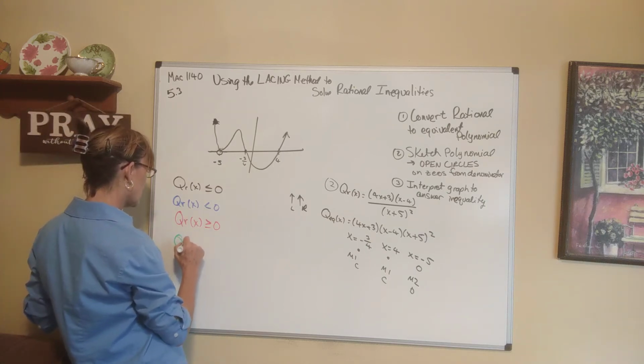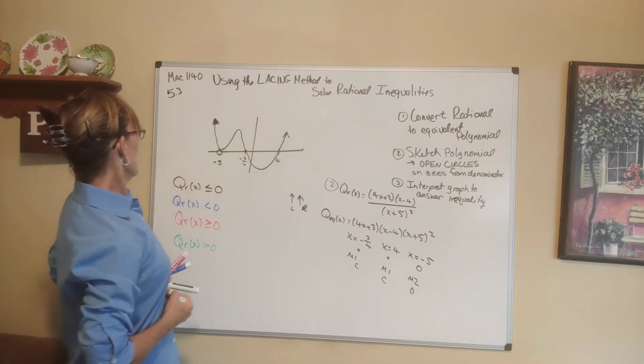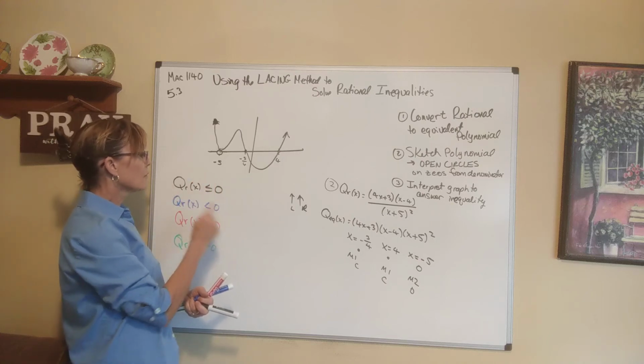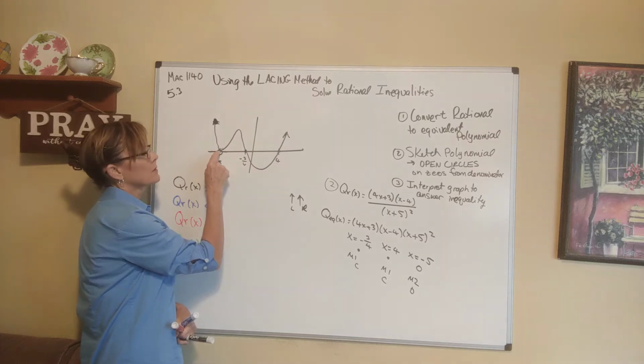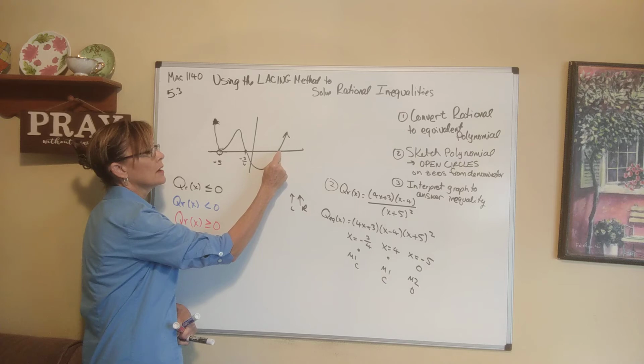Okay, where is this guy greater than 0? Okay, here we go. Where is he negative? For what x values is this guy negative or equal to 0? All right. Here, it's never allowed to equal 0, so don't include this point. Here it equals 0. Here it's negative. Here it equals 0.